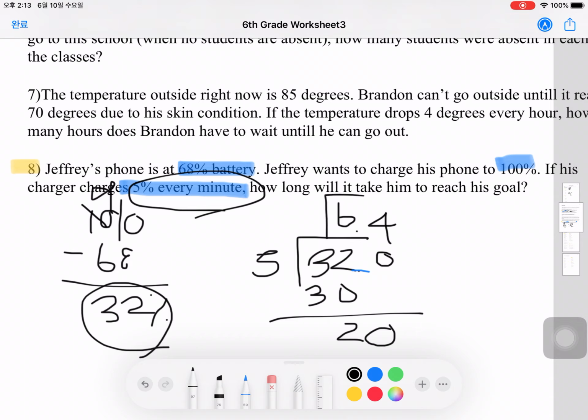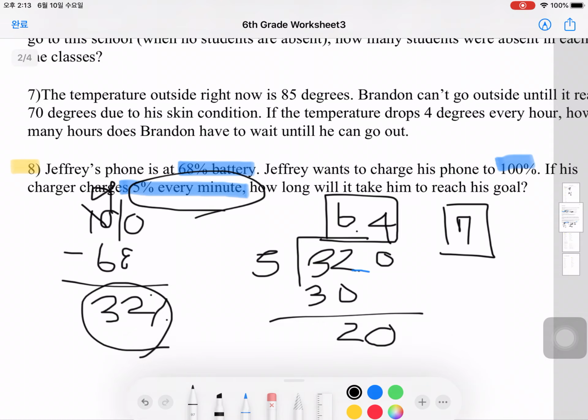So it takes 6.4 minutes for him to charge his phone. But because you can't have 0.4 minutes, we're going to round that up to 7. Because if we round it down to 6, it still wouldn't be at 100%. So your final answer is 7 minutes.